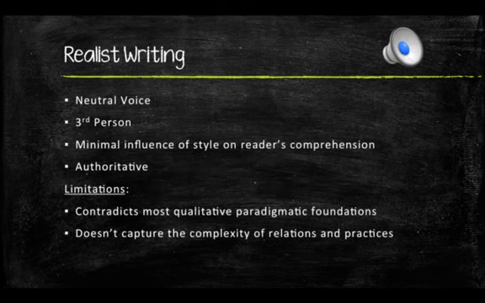Quite often, if you start to read the leading journals within sports studies, you'll come across journal articles that have been written up in a very neutral manner, and they use the third person, as in the researcher says this, the researcher did that, to write up their findings. Sparks argues that this is what we call realist writing.